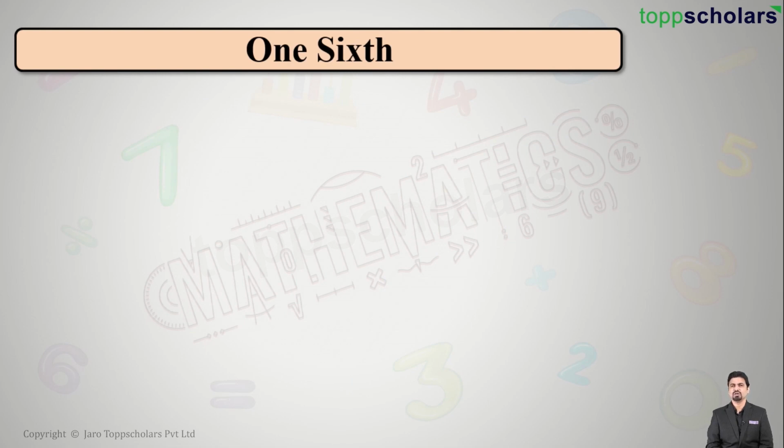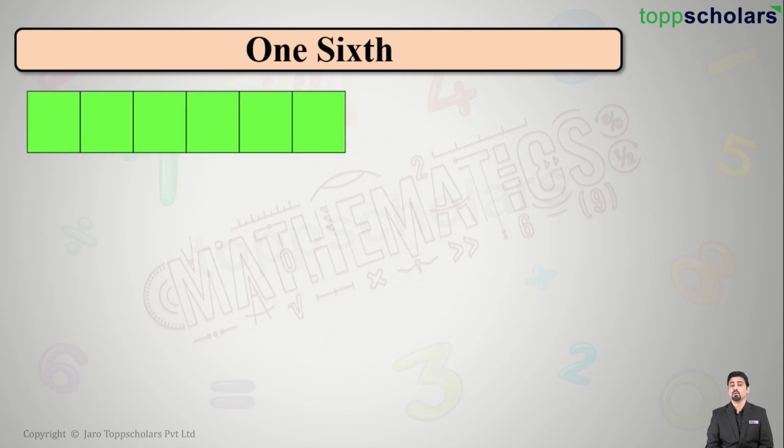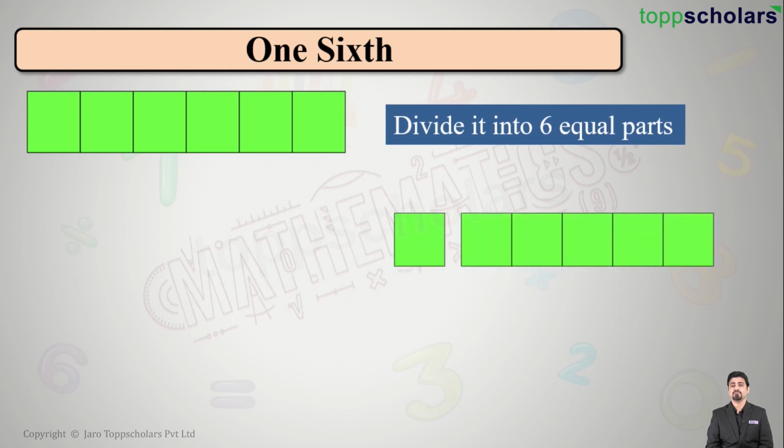1/6. What is 1/6? 1/6 means one entire rectangle is first divided in 6 equal parts. From these 6 parts, if we take one part as shown here, then how many parts have I taken? Repeat again.